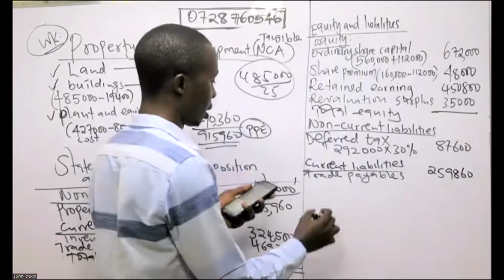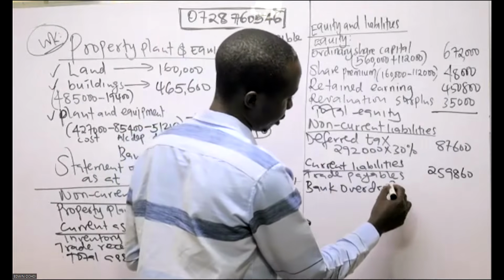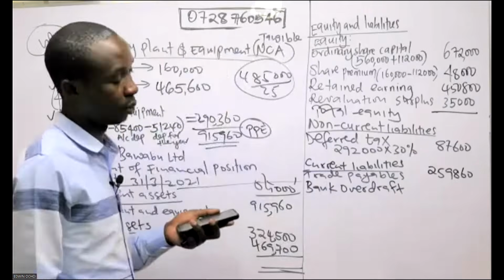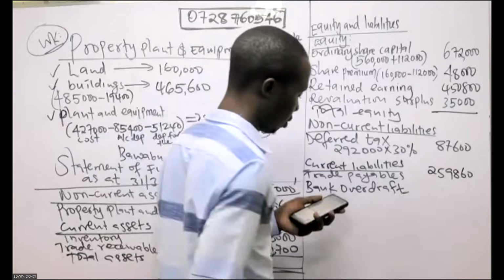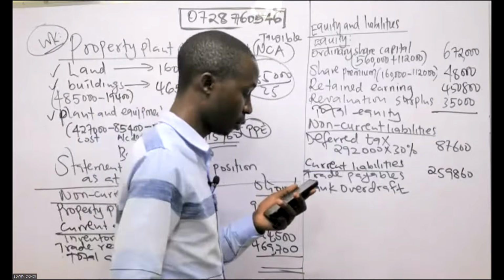Then we have bank overdraft. When you take more than what you have in your bank, there's an overdraft of 43,100.